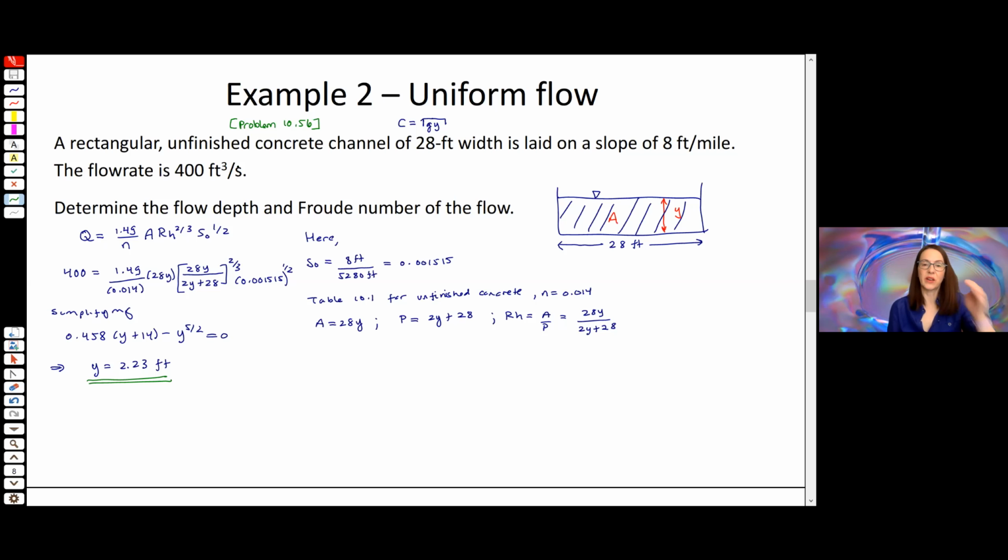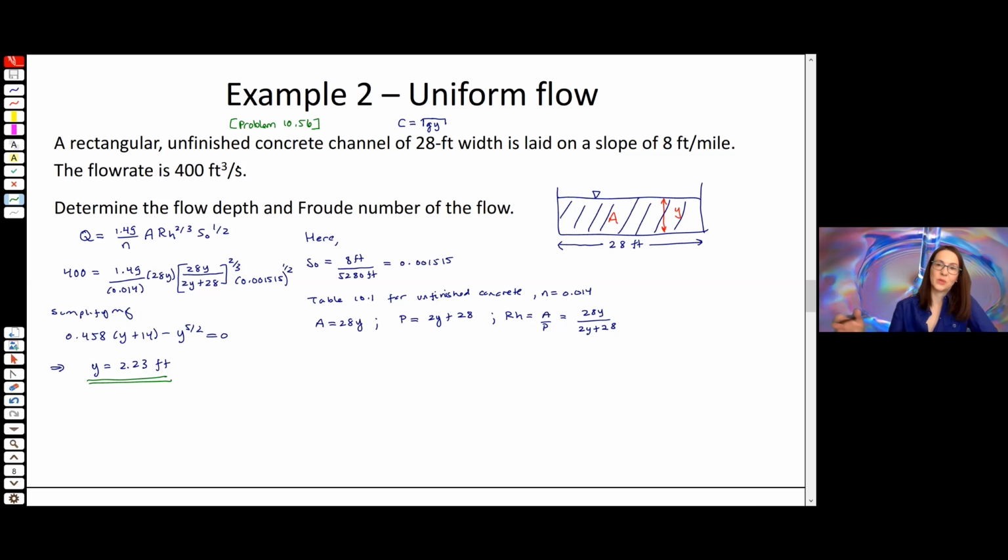Now we want to calculate the Froude number. If you remember, the Froude number tells you how to categorize your channel flow in terms of criticality. In other words, is your channel flow speed faster than a wave speed would be at the surface or slower? Normally the wave speed is much faster.